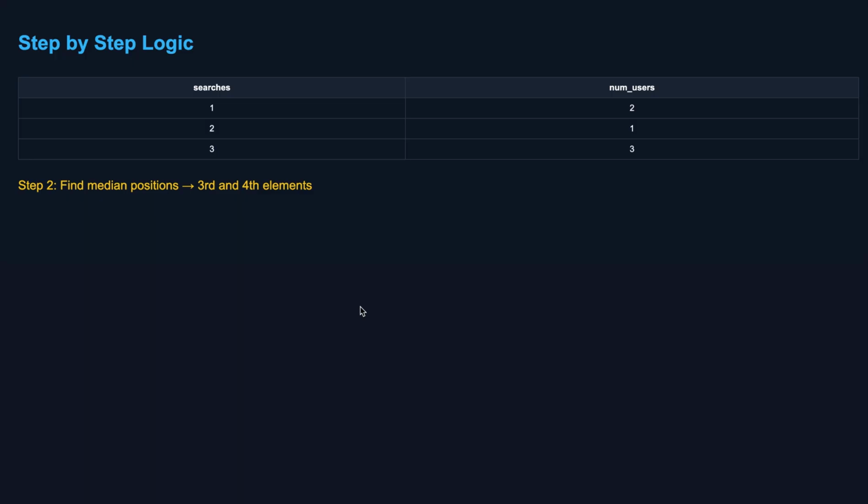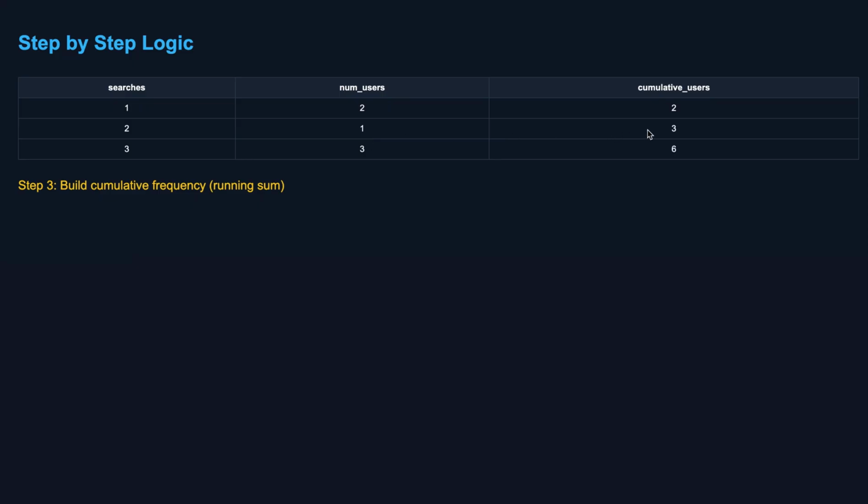So now comes the most important trick in this problem, finding the cumulative frequency. So now instead of expanding this data, we simulate the positions using counts. So let's compute the running totals. So for searches equal to 1, we have 2 users, right? So the total is 2. Now for searches equal to 2, we have 1 user, right?